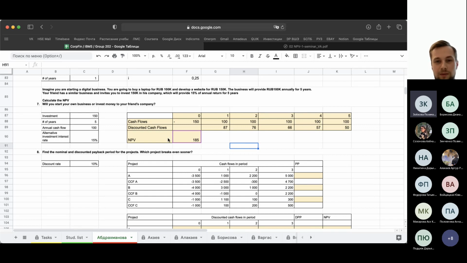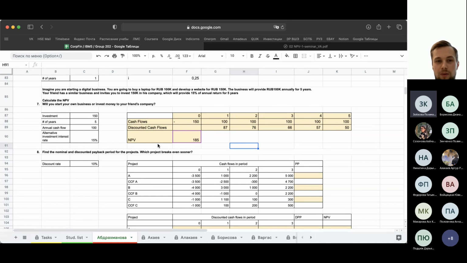So if we use 15%, it's the expected return if we invest in our friend's company. If we use this value as a discount rate for our project, and we have a positive NPV, should we start our own company, or is it more profitable to invest in our friend's company? I guess it's still more profitable to invest in your friend's company.